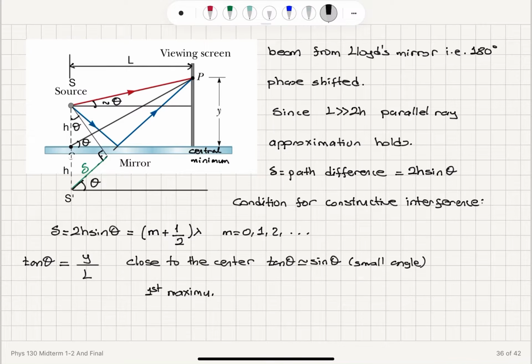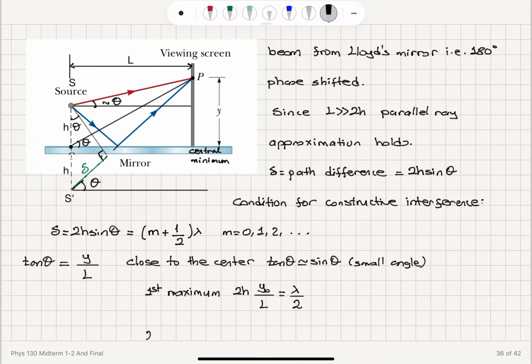First maximum is when m is equal to 0, we will have 2h times sine theta, while sine theta is equal to tangent theta, so it's going to be y0 over L. m equals 0 gives me lambda over 2.